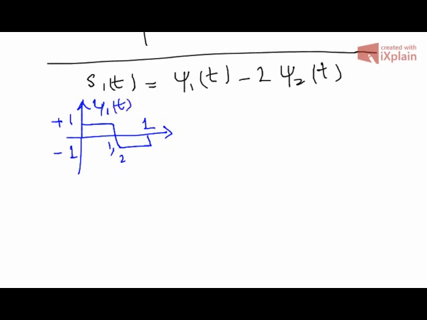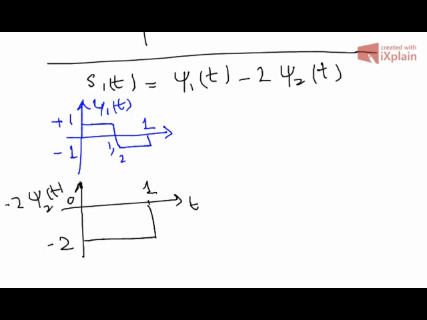And psi 2 is just 1 from 0 to 1, and minus 2 times psi 2 of t can be drawn here. This is 0 to 1 and minus 2. This is the waveform for minus 2 times psi 2 of t.